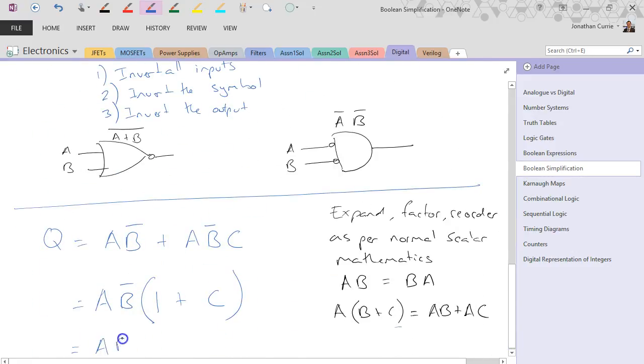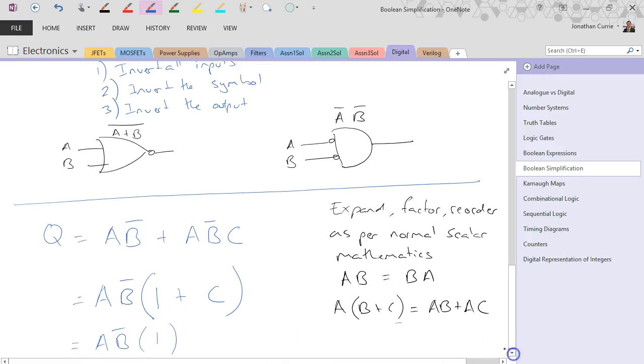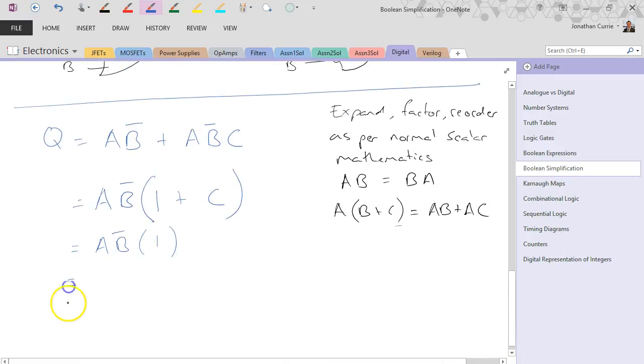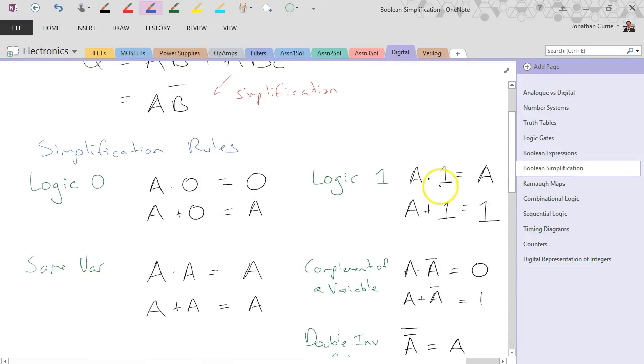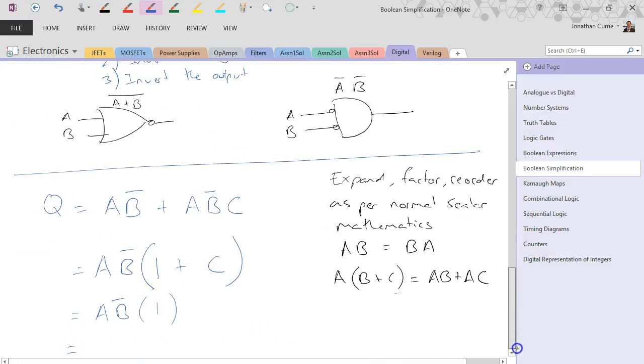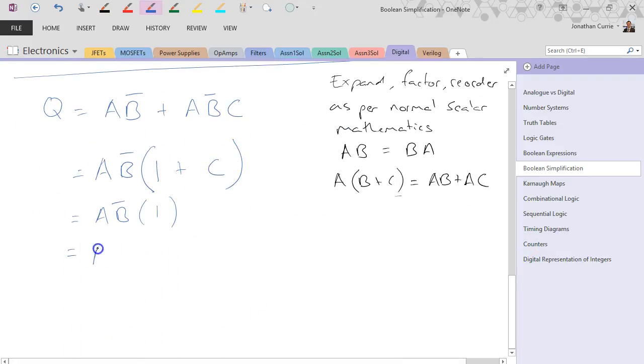So we have effectively A and not B and then 1 or C in brackets, and A and not B, or A and 1 equals A, takes us to this expression here.